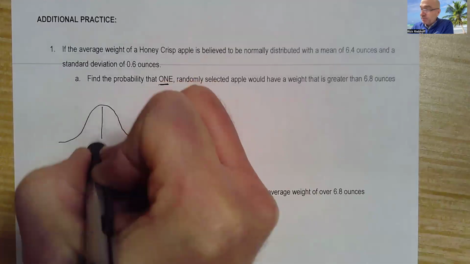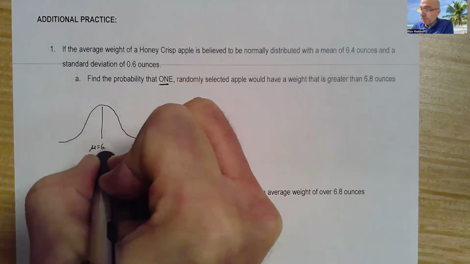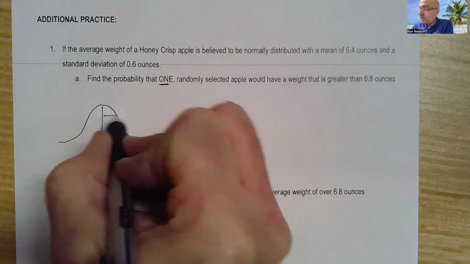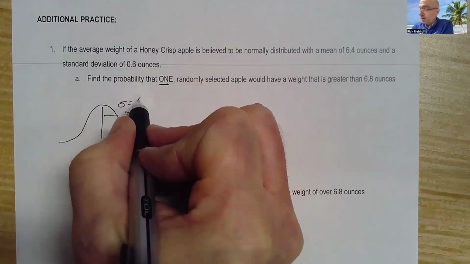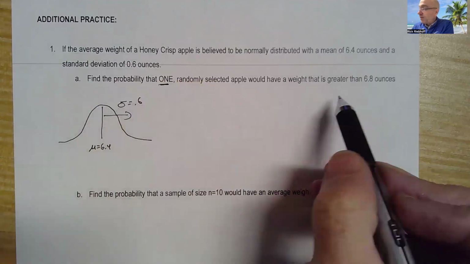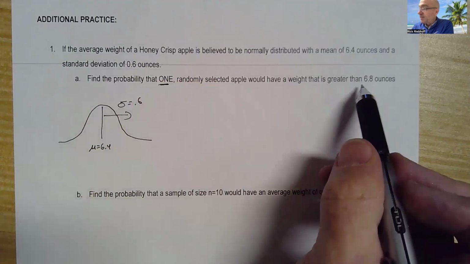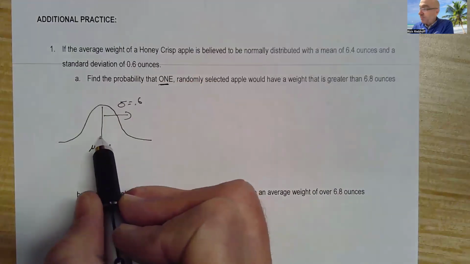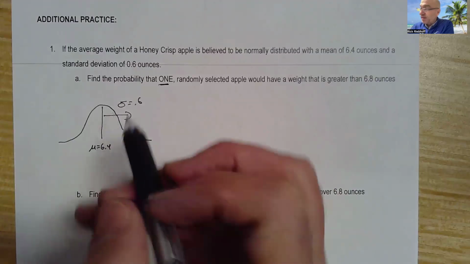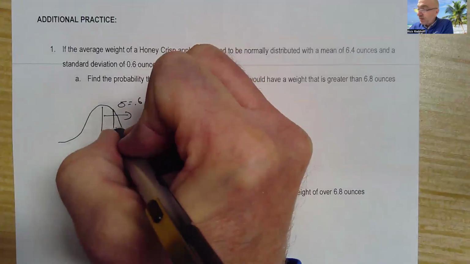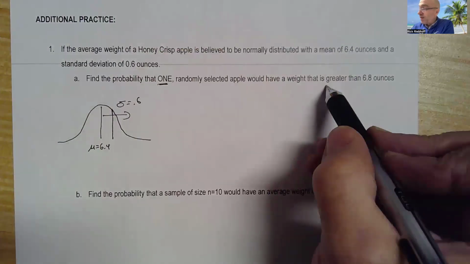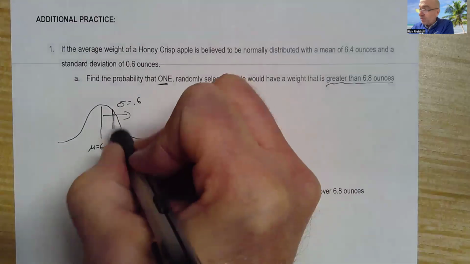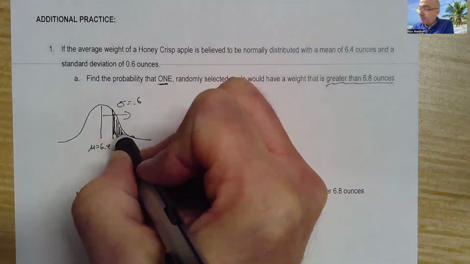The mean is 6.4, right? Standard deviation is 0.6. And we want to know it's greater than 6.8. So 6.8 is above this, but a little less than a standard deviation above. And I want to know greater than 6.8 ounces, so I want this.